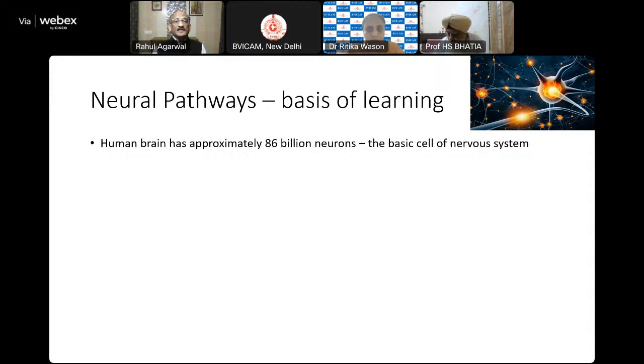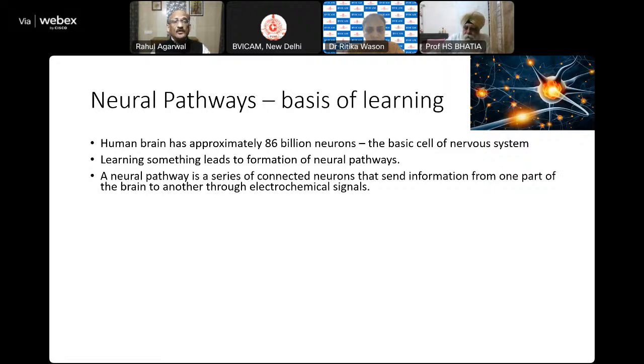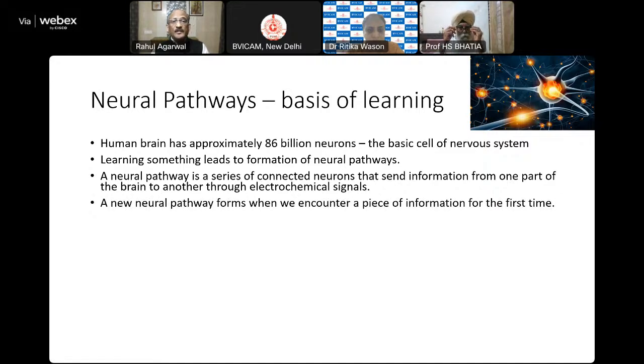So the human brain has approximately 86 billion neurons, which are the basic cells of nervous system. Learning something leads to formation of neural pathways. So a neural pathway is a series of connected neurons that send information from one part of the brain to another through electrochemical signals. A new neural pathway forms when we encounter a piece of information for the first time.